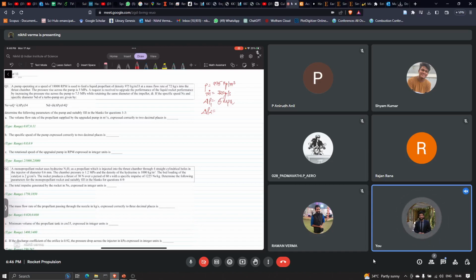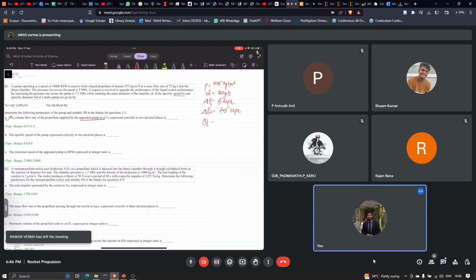So let us look into this problem now. We want to upgrade this pump to 7.5 megapascals while retaining the same diameter of the impeller. If the specific speed ns and the specific diameter nd for a turbo pump are given, we have to find the flow rate of the propellant supplied by the upgraded pump.